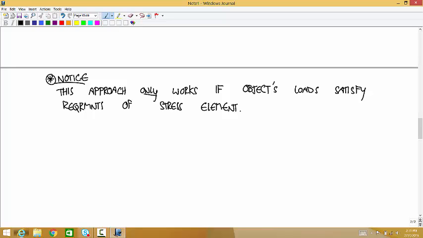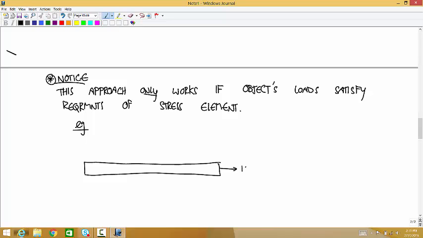All right, so here's an example. So what about this? Some example of one that won't work.